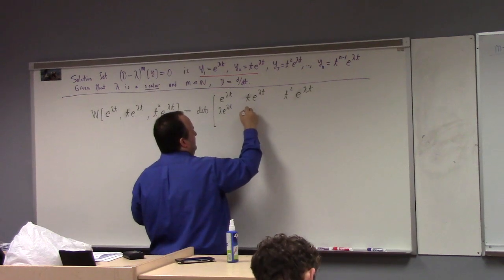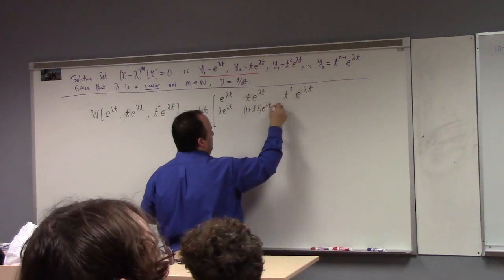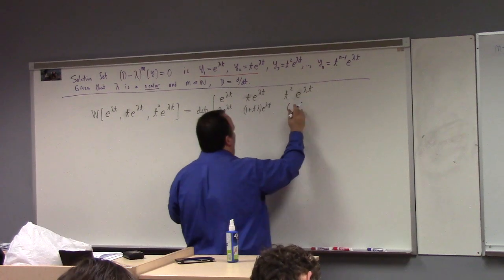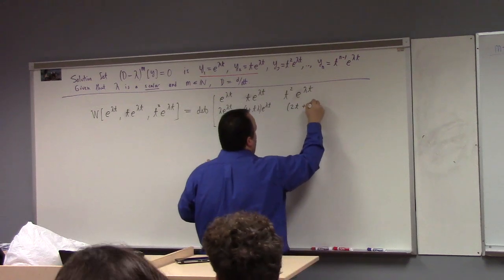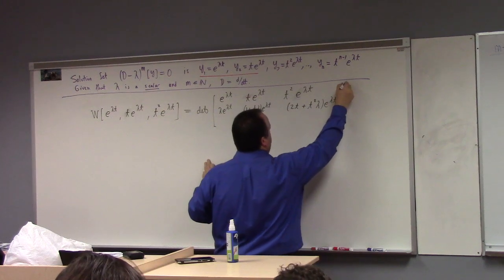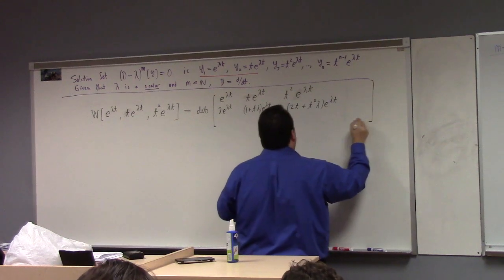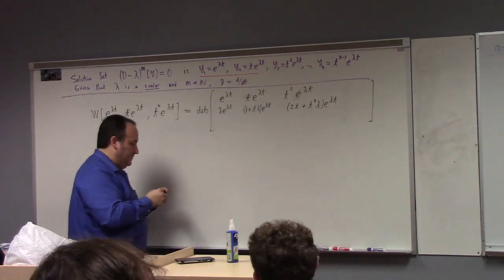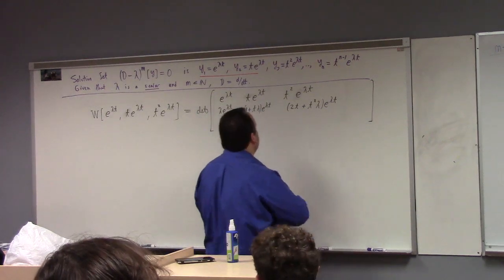And then here we've got 1 plus t lambda. I'm going to factor the e to the lambda t out if you guys don't mind. And down here I've got 2t plus t squared lambda, times e to the lambda t. I'm doing the product rule in my head, and I'm going ahead and factoring out. I regret not doing this for 2 instead of 3, because that would have made it easier on me, right?